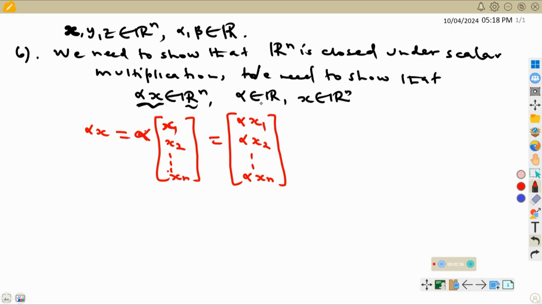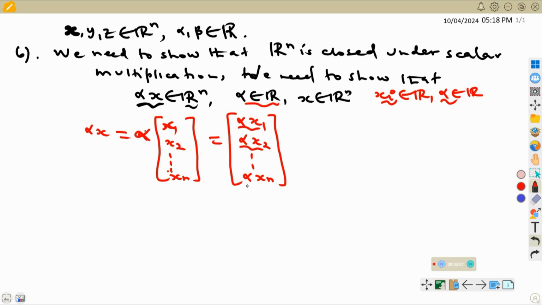But because alpha is a real number and x is picked from Rn, x1, x2 up to xn are real numbers. The xi's, remember, are picked from R, and alpha is also picked from R. So when you get a real number multiplied by a real number, automatically you'll get a real number.